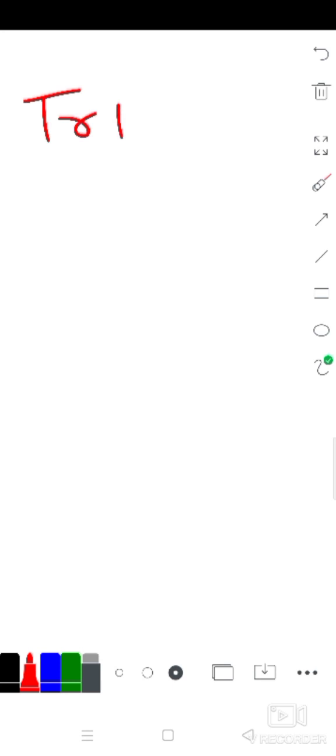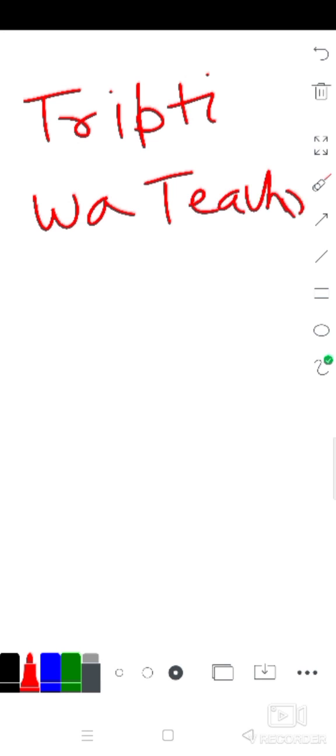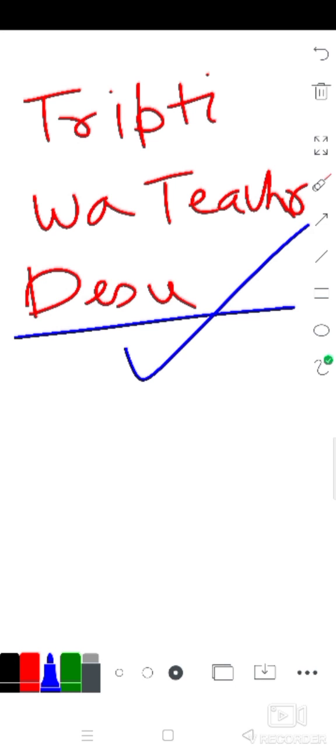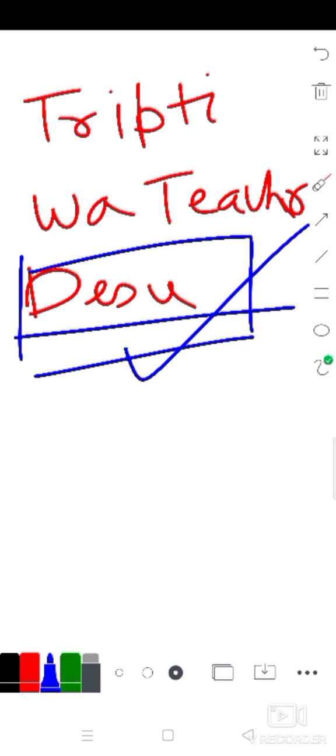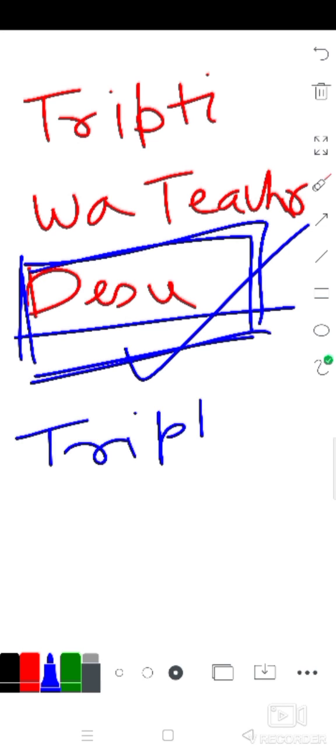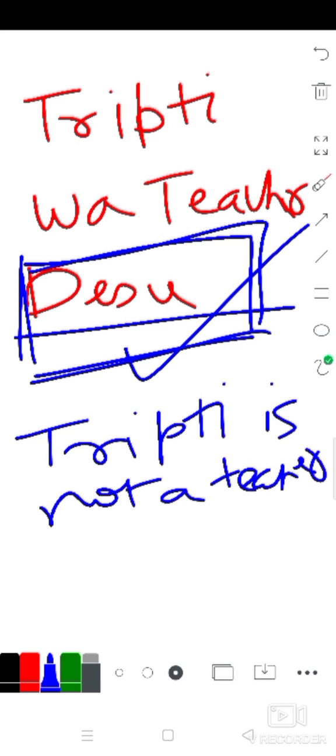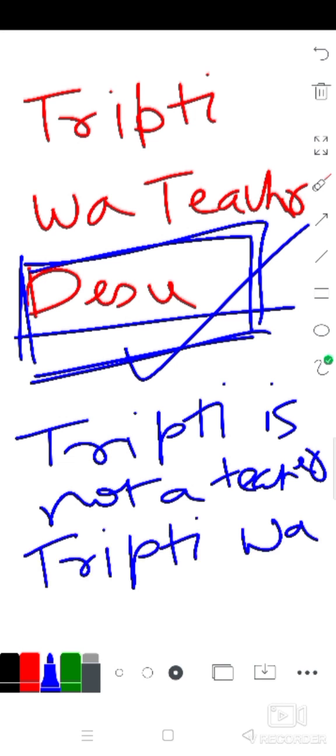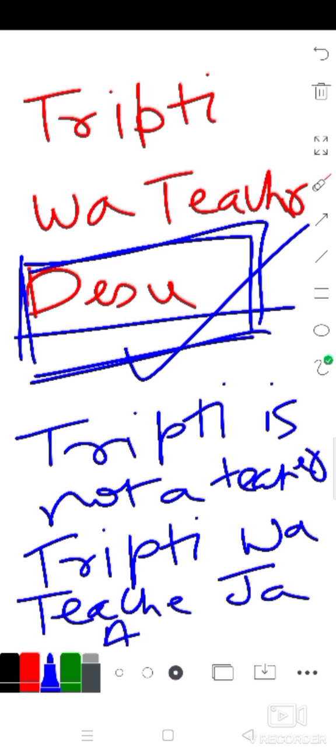What do we say? Tripti va teacher desu, right? Tripti is teacher. So this sentence is completing on a positive note. Now if you want to complete the sentence on a negative note, which means Tripti is not a teacher, you will say Tripti va, same pattern, Tripti va teacher ja arimasen.